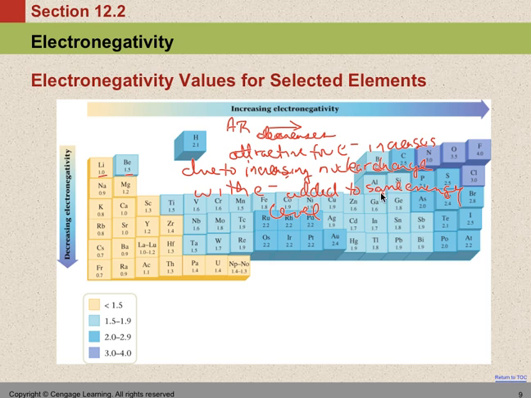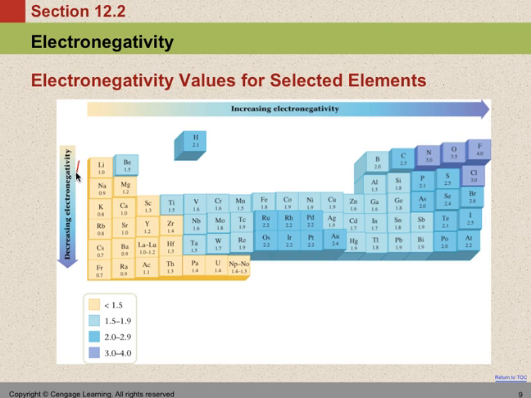This will correspond to the attraction that the nucleus will be able to exert on an electron or an electron pair in a bond. The smaller the radius, the more attractive force it'll have, the more it will pull that pair of electrons to itself.